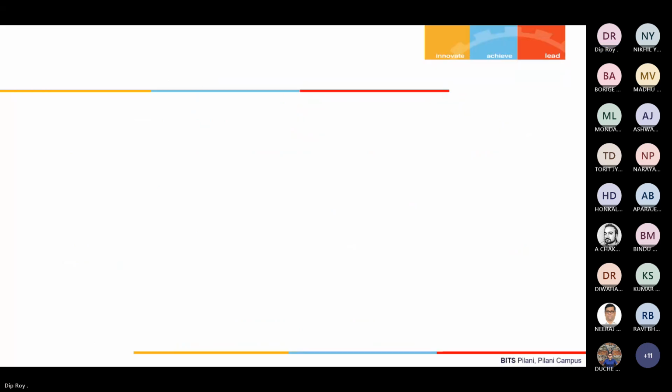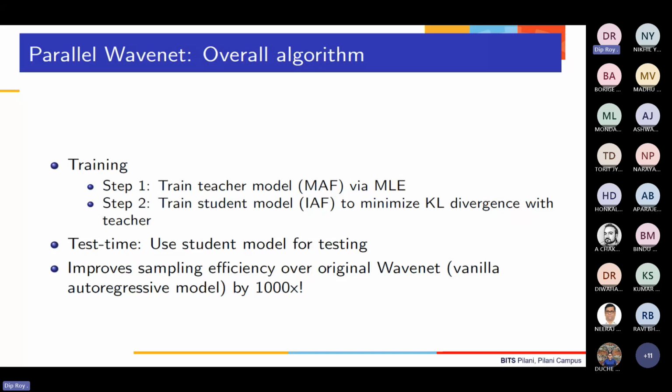All right. So this was basically from Google. And how do we train it? Train the teacher model MAF via MLE, train the student model IF by minimizing the KL, and use the student model for testing or generation, whatever you want to do.